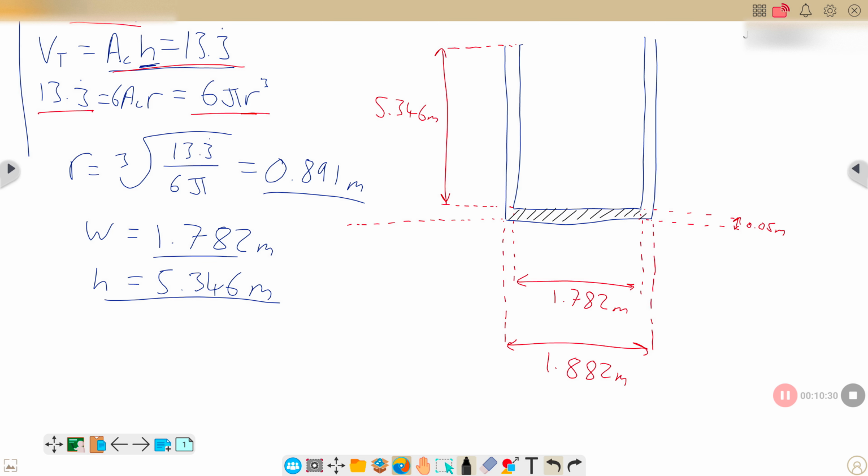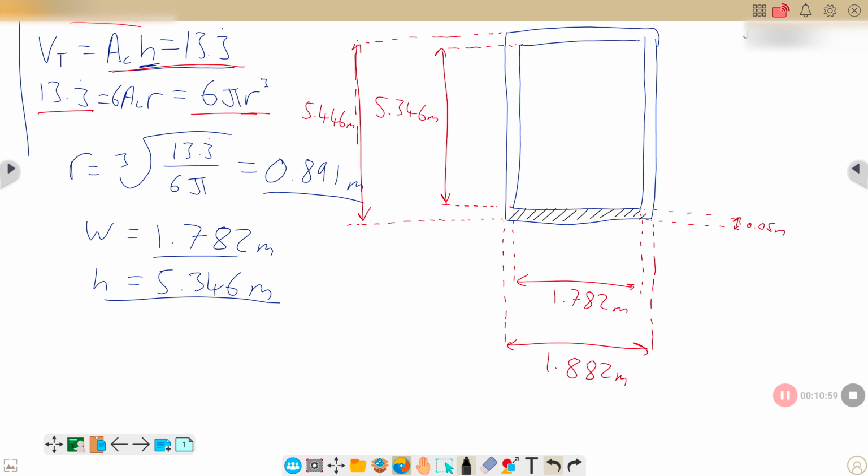I'm going to draw over what I've already done, but whatever. Okay. And that will be 5.346 plus 10 centimeters. So that would just be 5.446 meters.